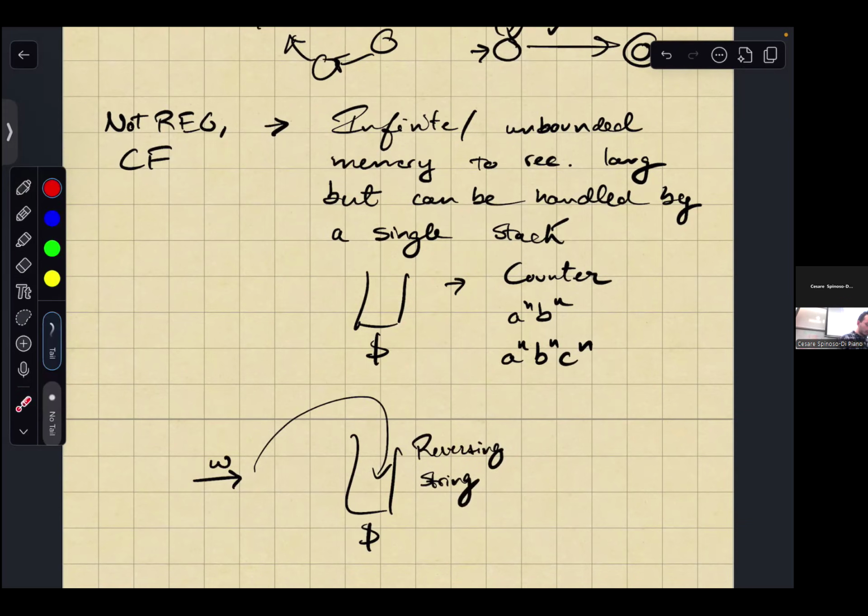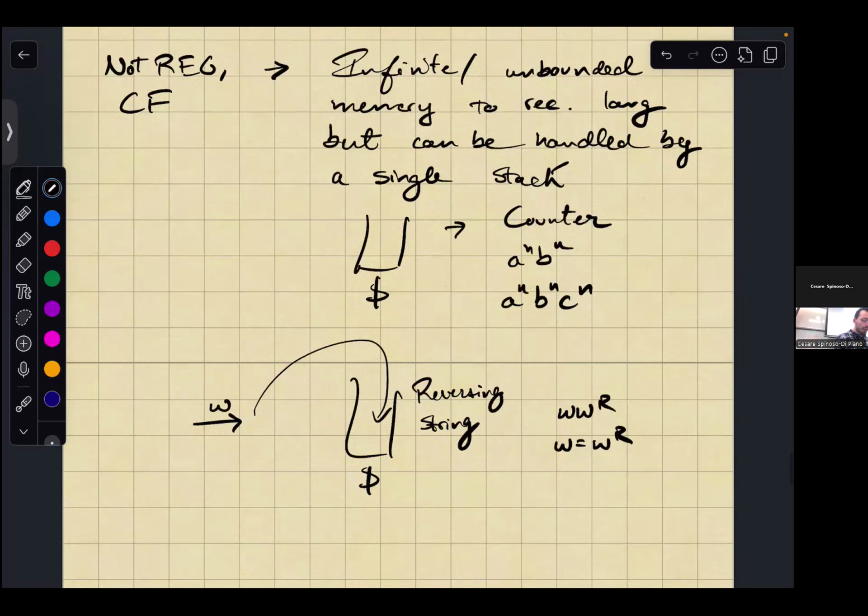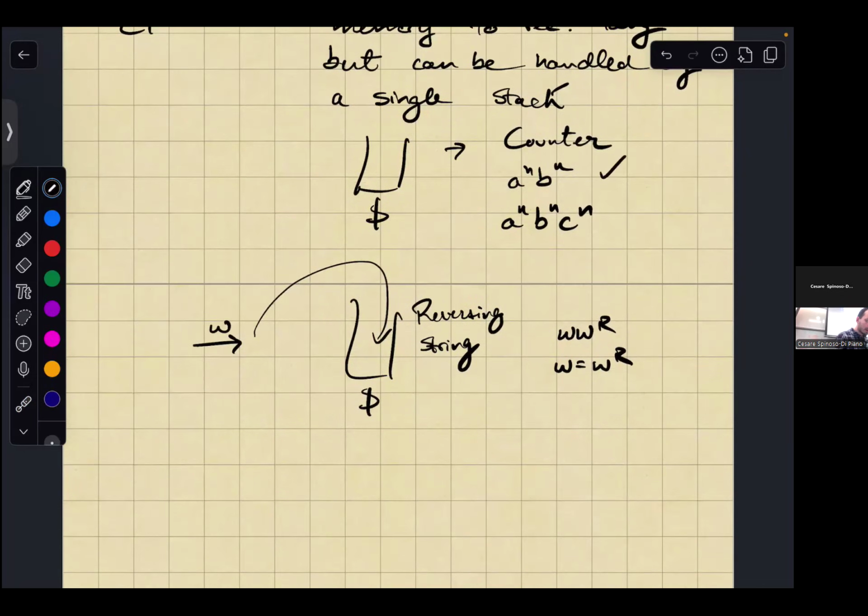Because you push from left to right, the leftmost part of the string is at the bottom of the stack, and the rightmost part of the string is at the top of the stack. So then, if you read it from top to bottom, you effectively reverse the string, right? That's why you can recognize stuff like W equals W reverse, right? But then you can't do something like, so this is good, this is not good.